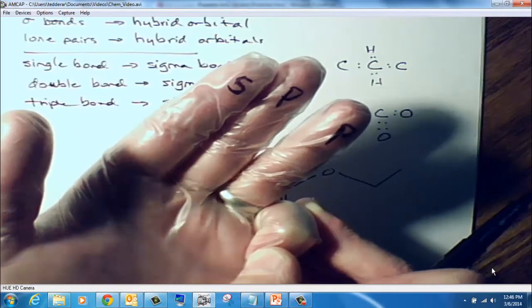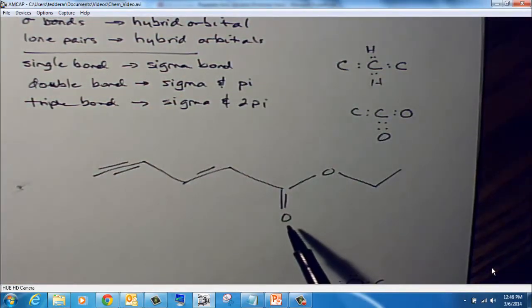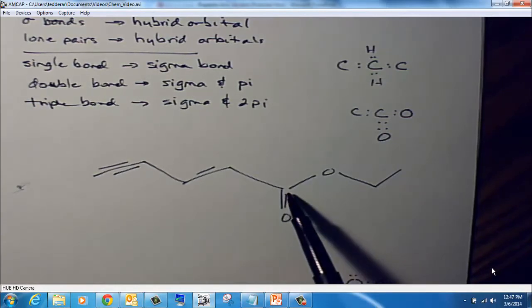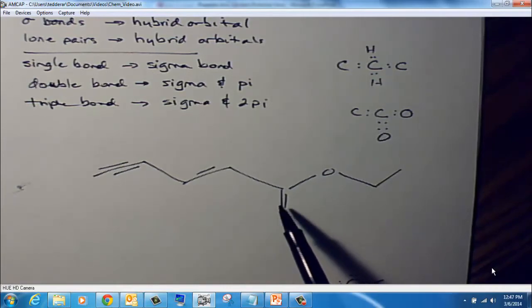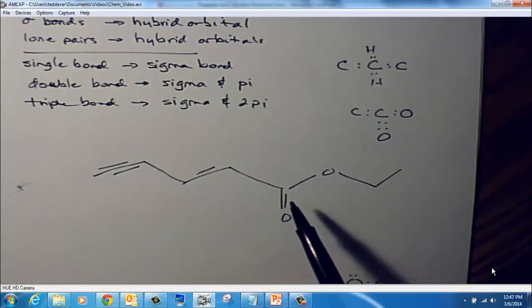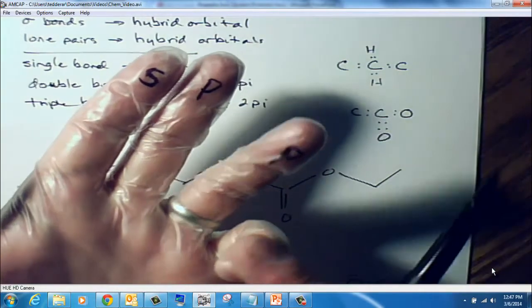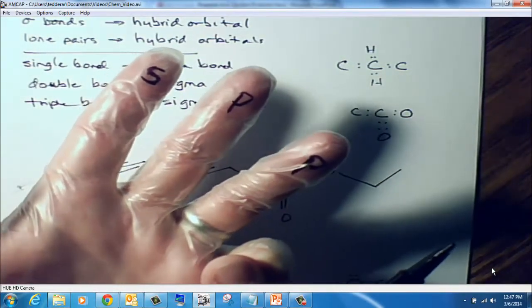Let's look at the oxygen here. How many lone pairs on the oxygen? 2 lone pairs on the oxygen. We're double bonding with that carbon. That means we've got a sigma and a pi bond going this way. For the pi bond, we have to leave 1 p orbital unhybridized.